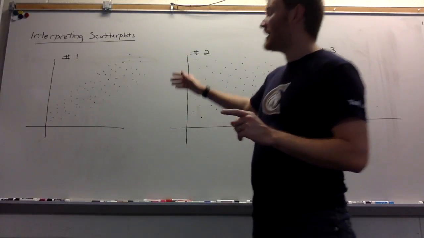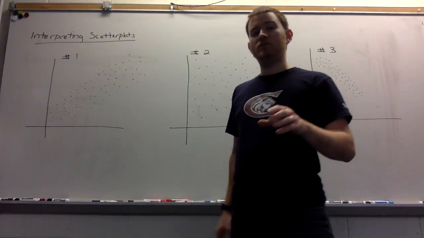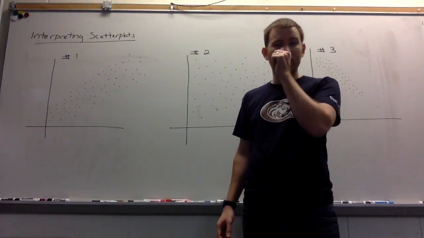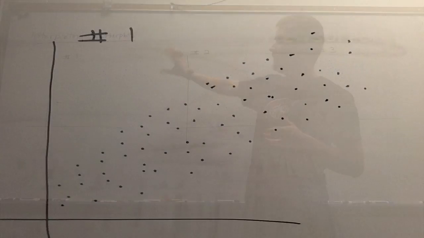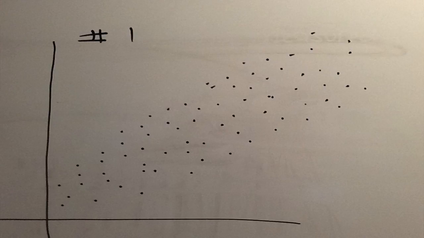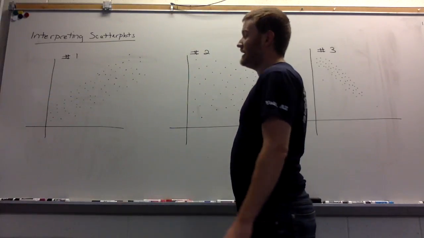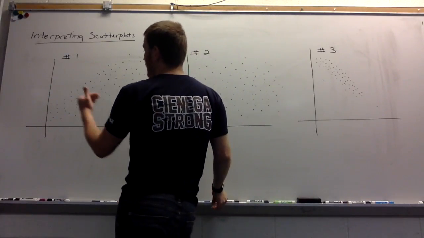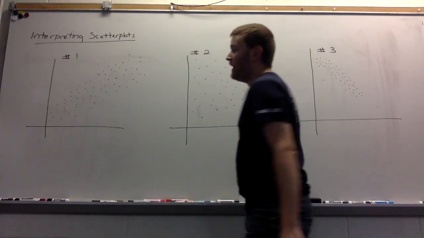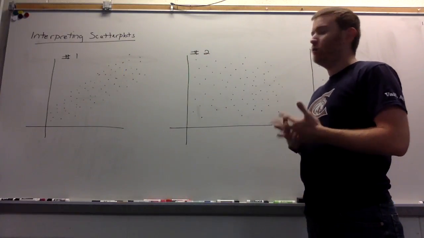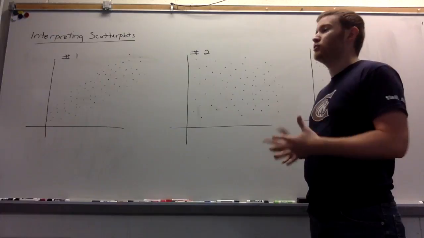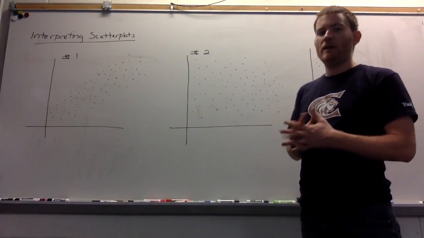Now, when we're looking at scatter plots specifically, that translates into a couple of main things. The first one shows a couple of things that we can interpret based off of scatter plots. When I'm looking at this, my trend is that my pattern's going up. As I go to the right, my points go up, and that's called a positive relationship or association, or a positive correlation, you might hear it called.